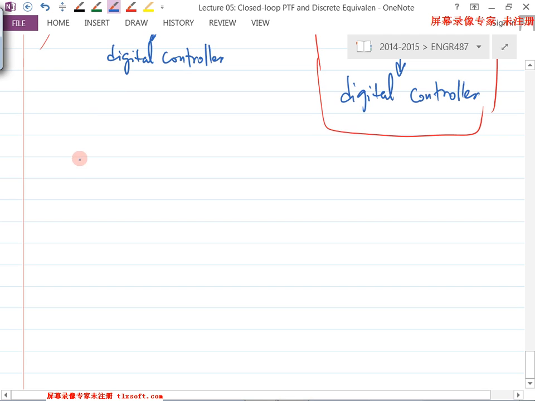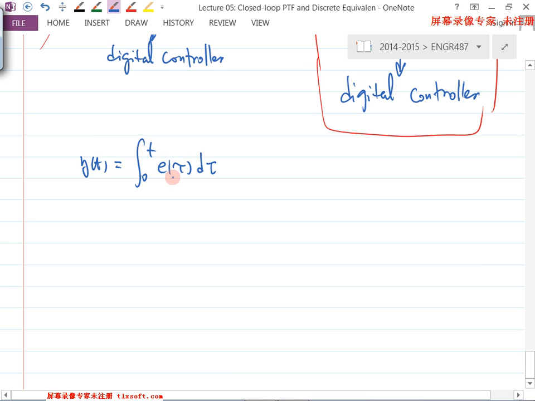Here is one not so ideal control, but maybe it could be one of the controls. Let's say I have y of t equal to this, where this is the error. For this simple integration operation, we're integrating the area.